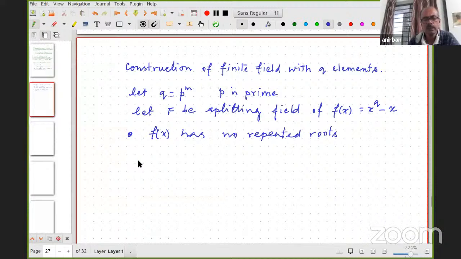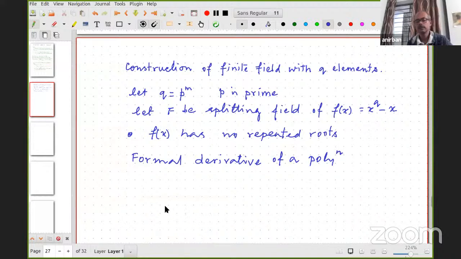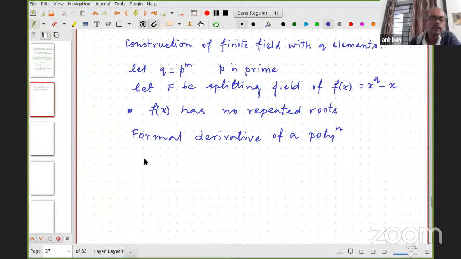So I would just briefly mention what the formal derivative is.